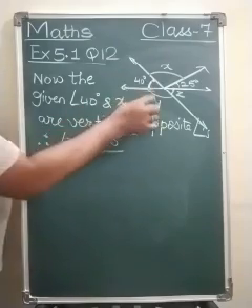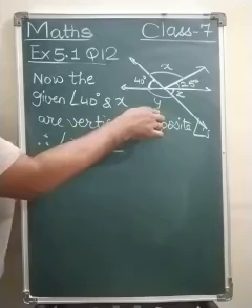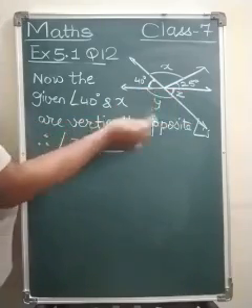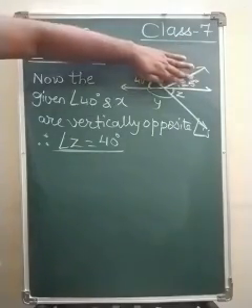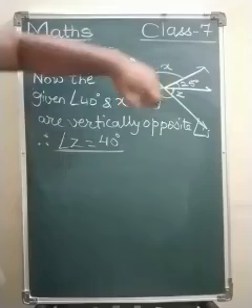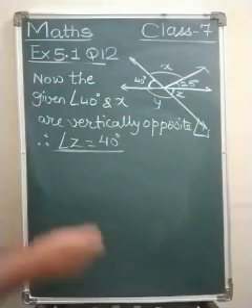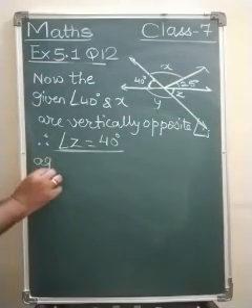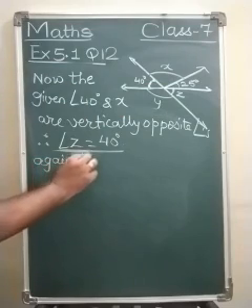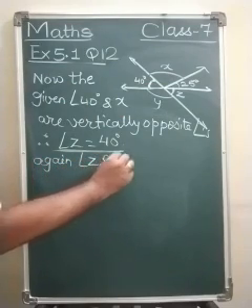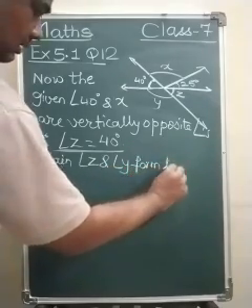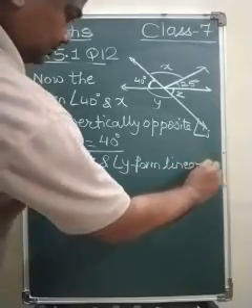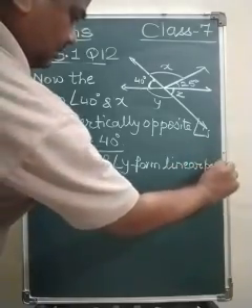Now 40 and Y is known, Z and Y is known, Z is known. So Z and Y can be found. If you forget this top part, Z and Y, they are forming a linear pair, straight line angles again. Angle Z and angle Y form a linear pair.